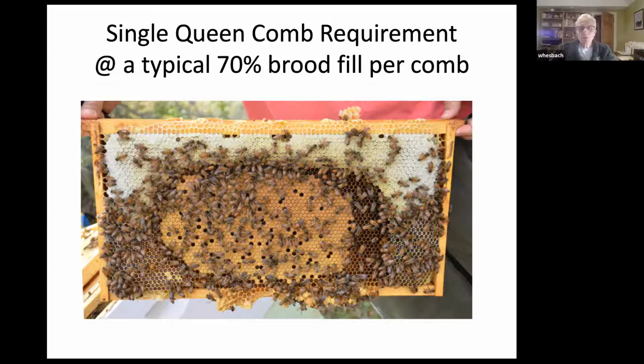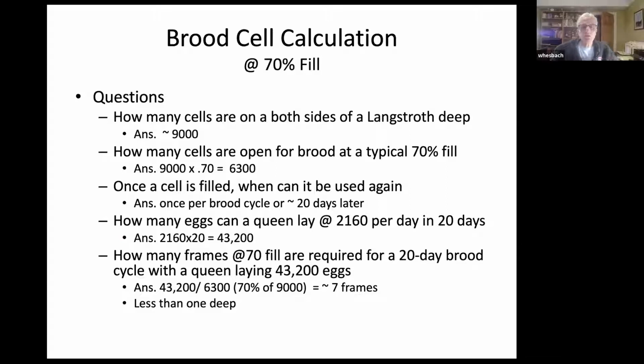So as a rule of thumb, when we consider a frame and the cells available for a queen to lay, we usually say it's about 70% filled with brood. We're going to continue with our little calculation here. I'm asking a few questions that I'm going to answer. How many cells are on the sides of a Langstroth deep?